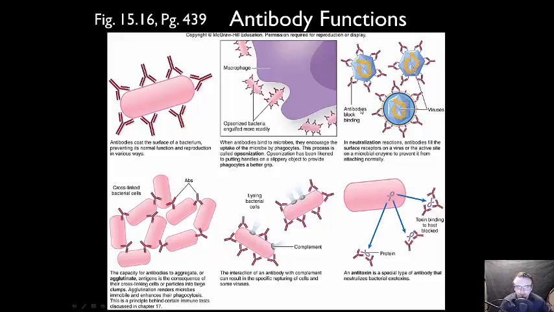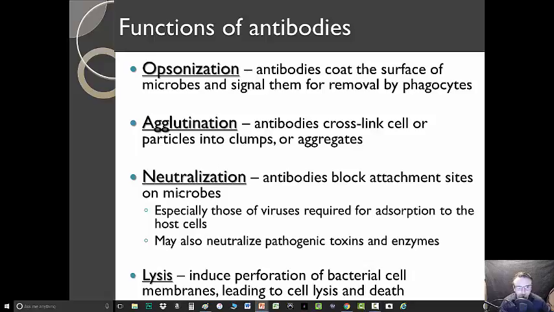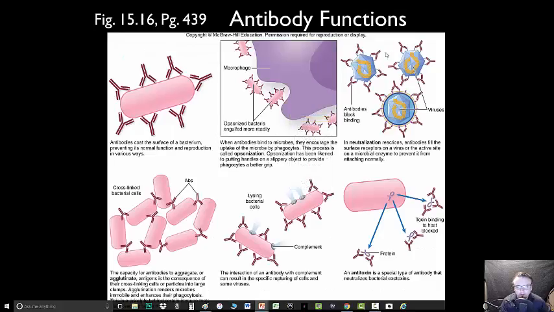Another way antibodies have an effect is on the action of viruses. And this is key in the viral infection. What the antibodies are going to do, so going back here, this is neutralization. Apologize, I skipped agglutination. Let me come back to that. Neutralization is shown here. And what's happening is the antibodies are going to bind to the viral spikes. And when they bind to those viral spikes, they're going to block those spikes from being able to attach to the surface receptors of the host cells that they want it to bind to.